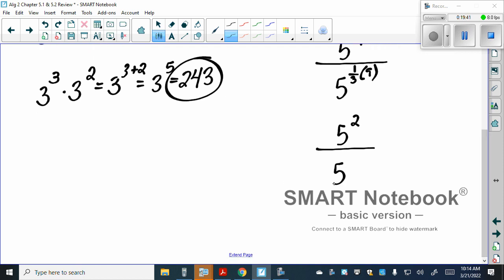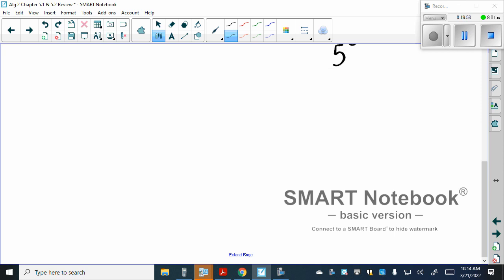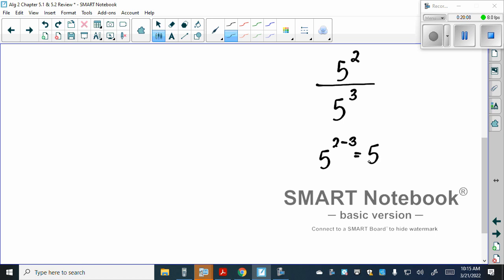And in the denominator, 9 times 1/3 is 3. Now at this point, we can subtract the exponents. So that would tell us that we have 5 to the 2 minus 3. And 2 minus 3 is -1.